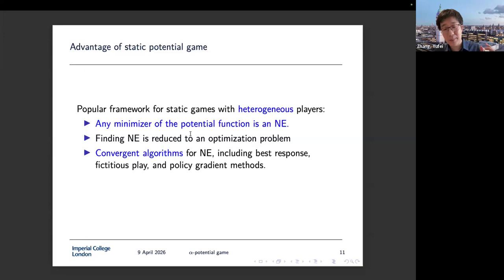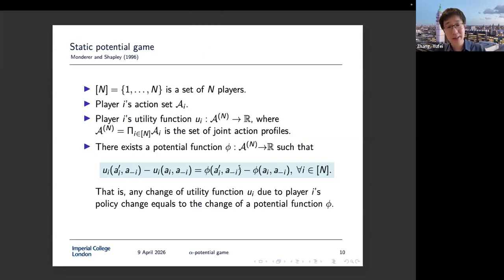Being a potential game has two important advantages. The first is that, because of the structure of the potential function, you can show that any optimizer of the potential function becomes a Nash equilibrium. For example, if you want to maximize utility, you can show that if you find the maximizer of the potential function, because of this identity, no player has the incentive to deviate from the maximizer.